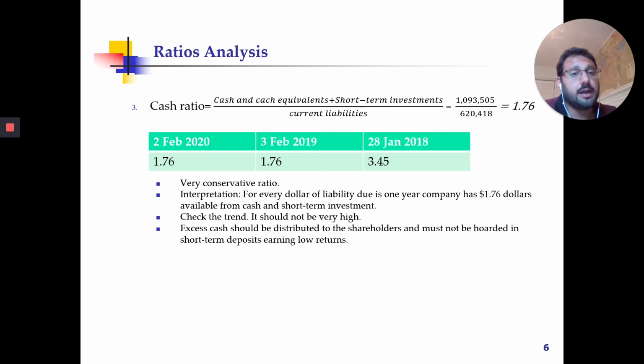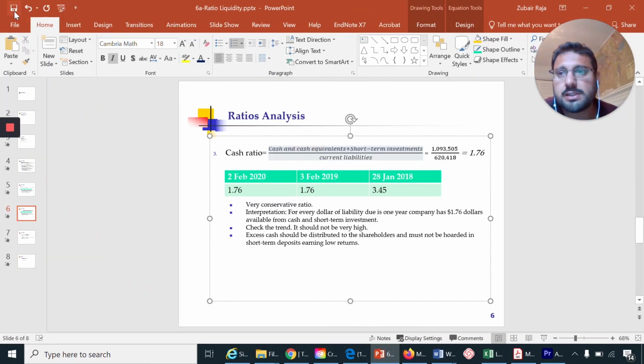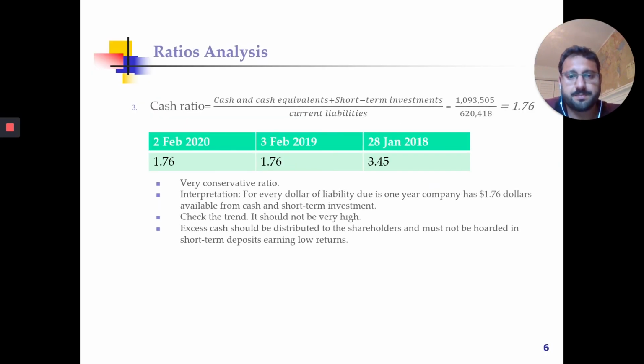So this number is suggesting for Lululemon that for every dollar they have, they have 1.76 dollars available in the shape of cash and the short term investment.